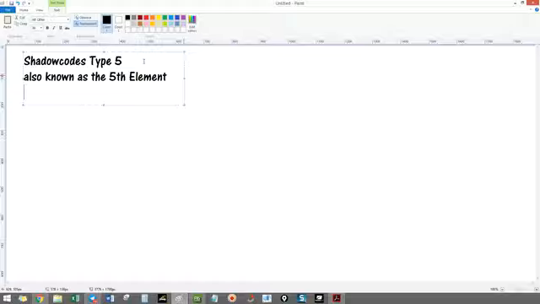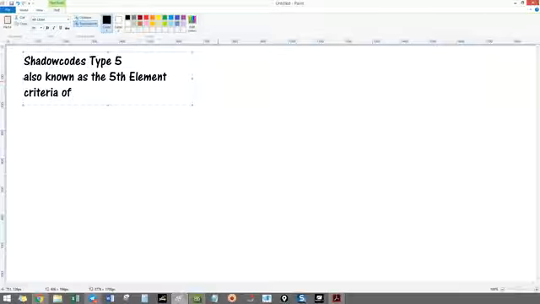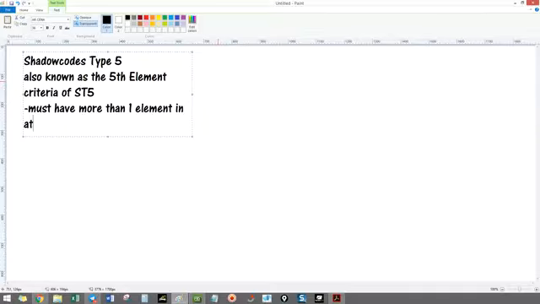The criteria of ST5: it must have more than one element in the level.